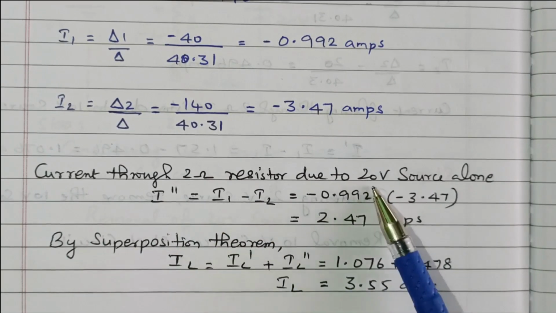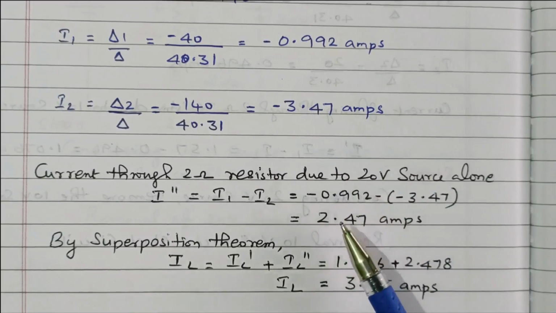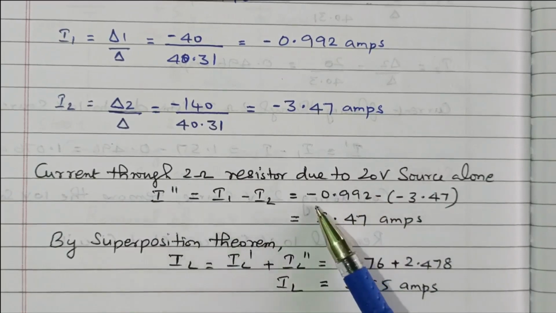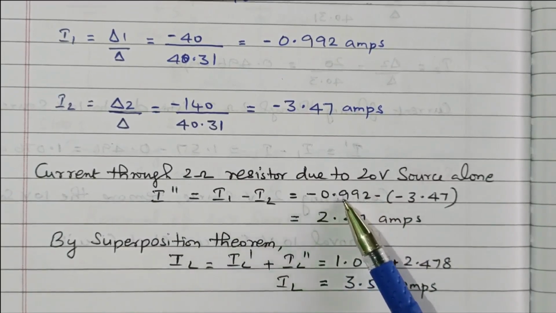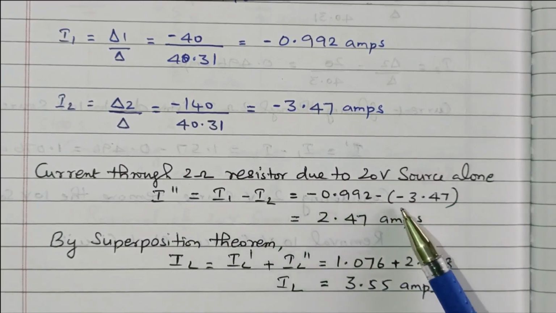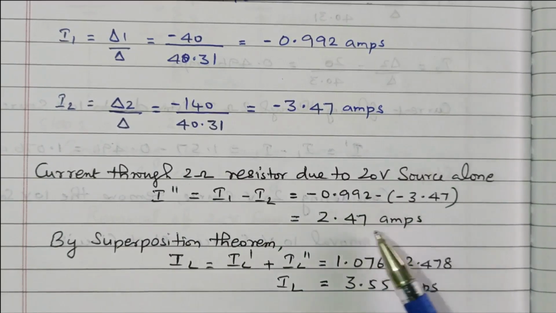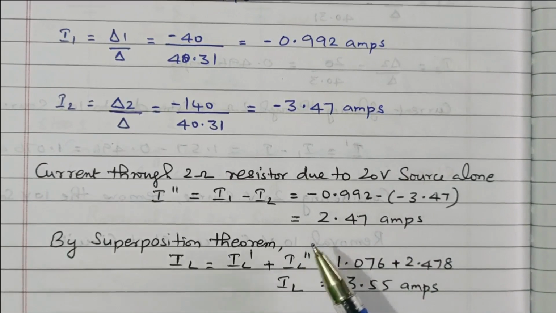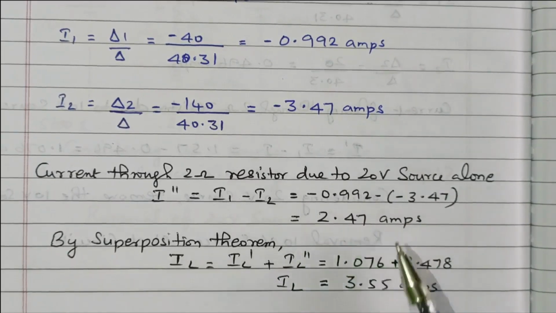I double dash means due to the 20 volt source, right? So we need to find the difference. The minus is already there: minus 0.992 minus of minus 3.47. So the final value is 2.47. So the current flowing through the 2 ohm resistor due to only the 20 volt source is 2.47 ampere.